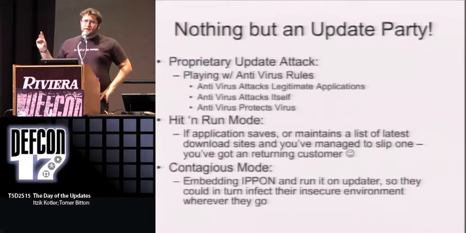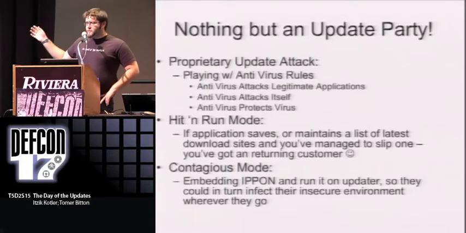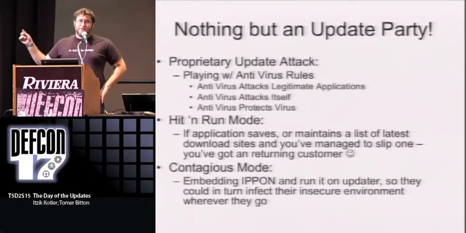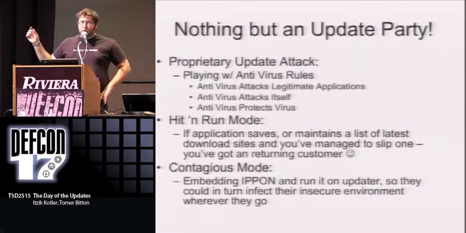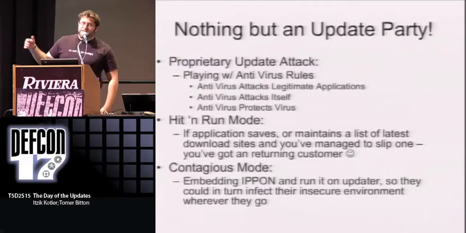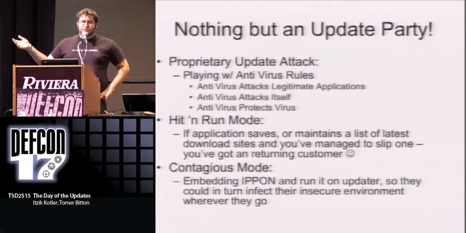But the most interesting thing that we saw, except again firewalls, Snort, etc., is antivirus rules. People tend to trust the antivirus pop-up box, and they tend to believe that what it says is the truth. So we can actually make an antivirus attack a legitimate application. We will just insert a bad signature, and the antivirus will just tell you that this application is no longer legitimate.